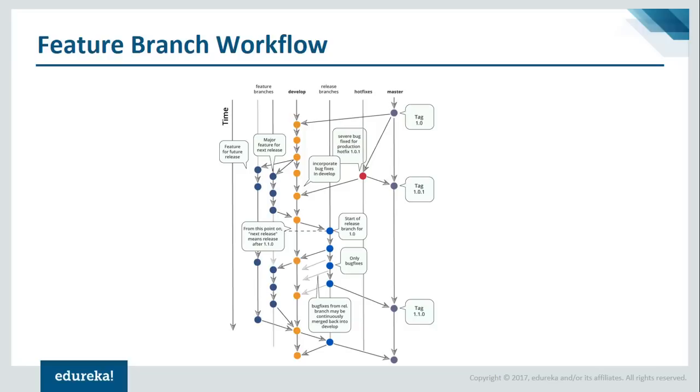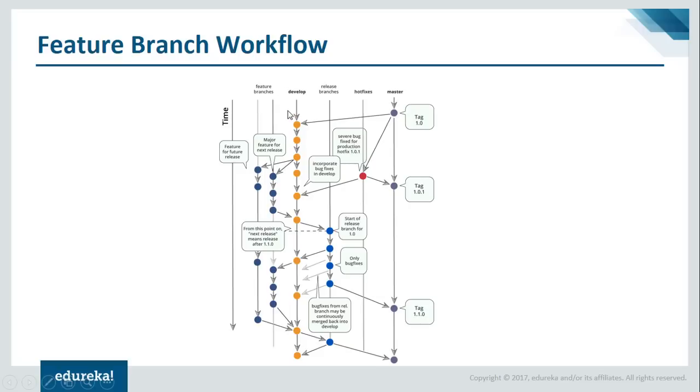The master branch stores the official release history, and the develop branch serves as an integration branch for features. It is very convenient to tag all the commits in the master branch with different versions. Here you have tagged it as version 1.0, 1.0.1, then 1.1.0, something like this. So whatever naming scheme you are comfortable with.